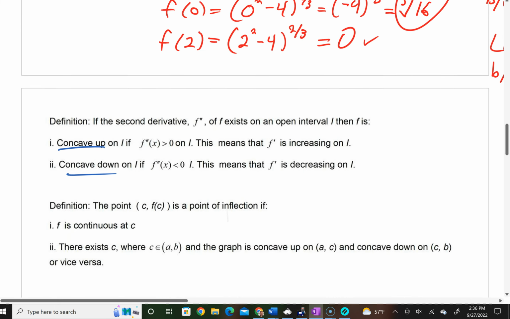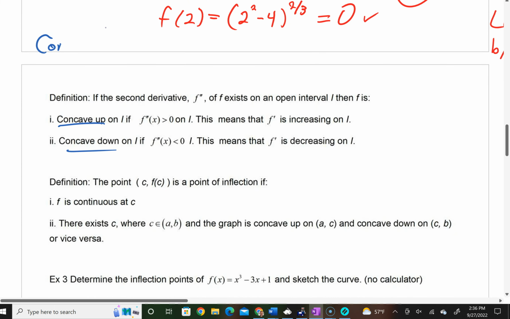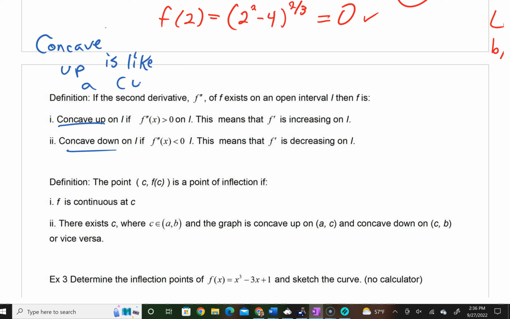Please write this down. Concave up is like a cup. You might say, what do you mean by a cup? Look at the bend there. That curve would be bending as if it could hold water, right?